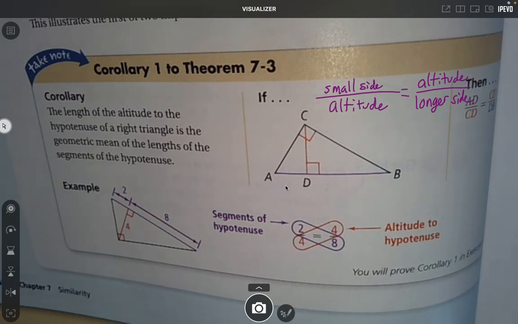The small triangle on the left and the medium triangle on the right, not the big one, not the whole picture. So the proportion: you take the small leg, which is 2, and put it over the altitude, which is 4.